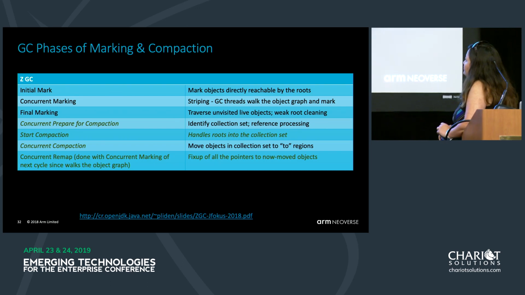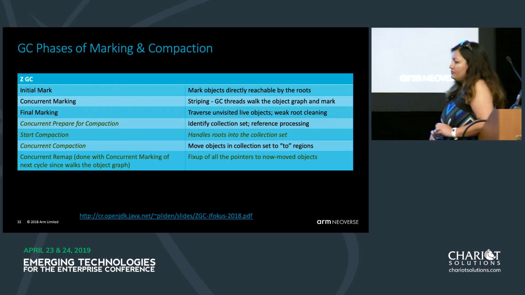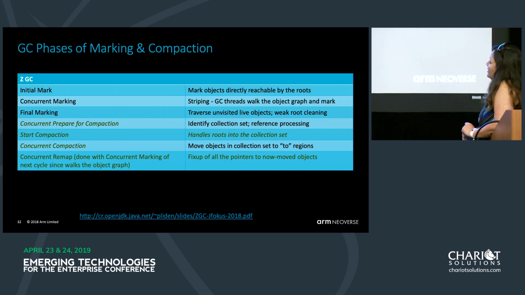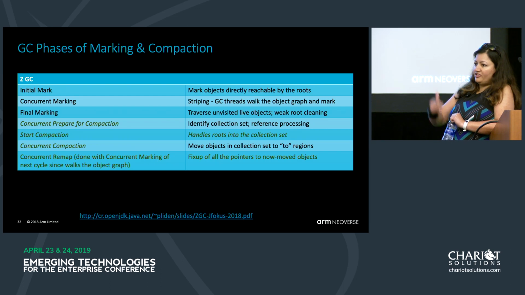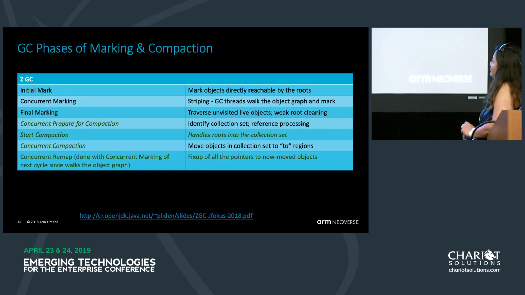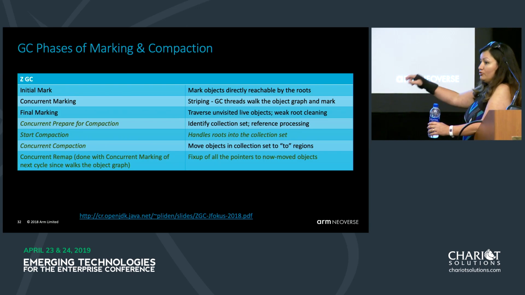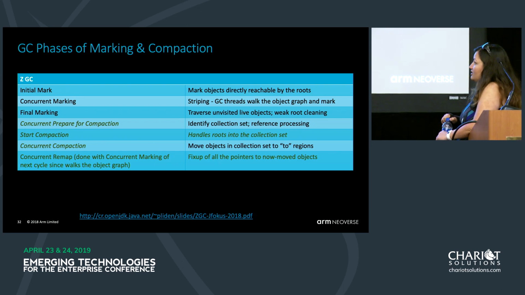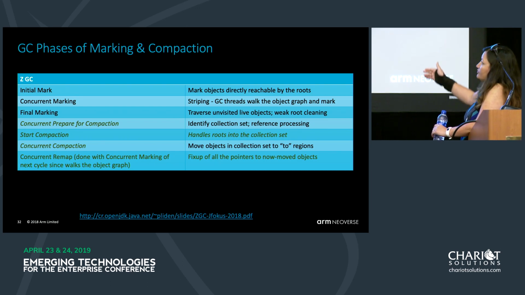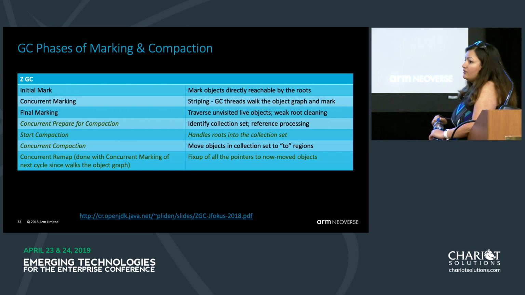At the start of compaction, you check for all the roots into the collection set, and then you start doing concurrent compaction. Concurrent compaction is the same concept, move from from-space to the to-space. And then eventually, when you're done compacting, you want to do remap, which is fix up of all the pointers. Remember, you had objects that were moved, right? So you want to fix up those pointers because the whole background of ZGC is based on colored pointers.